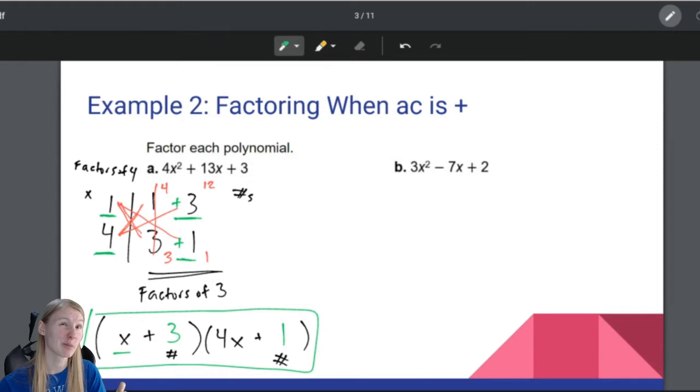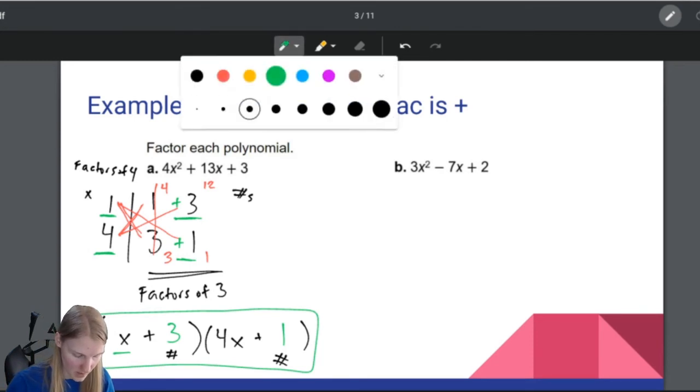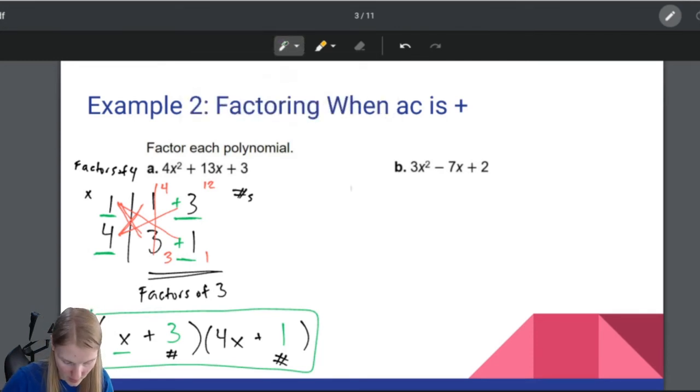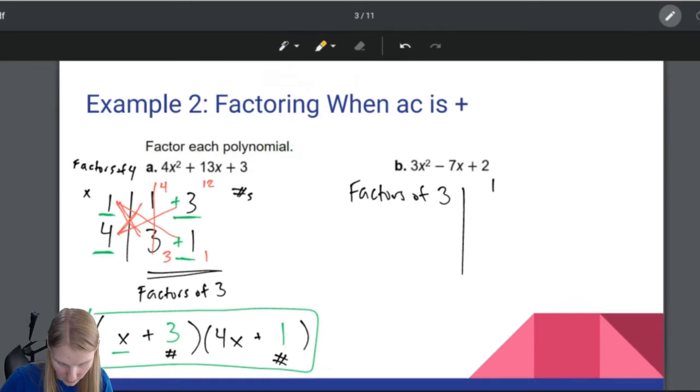So, it's a little bit more complicated than last time, which is why we have 2 examples of it. So we're going to do this one over here as well. Alright, I'm going to do the same thing. I'm going to put my factors of 3 over here, and I'm going to have my factors of 2 over here.